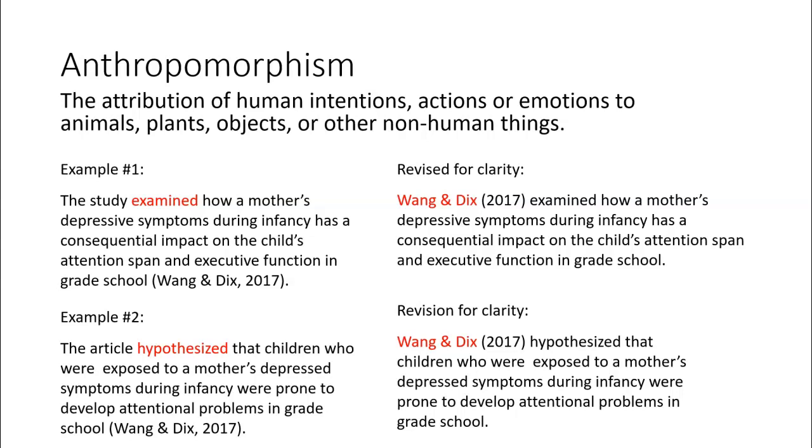And you don't need to include the title of the article. A reader can go to your reference list and find that. Just use the authors' last names. Number one, it gets rid of the anthropomorphism, and number two, it helps the reader along. It guides them through what you're trying to say.